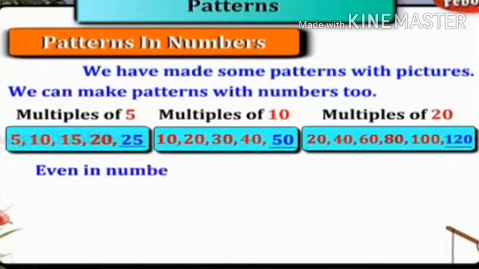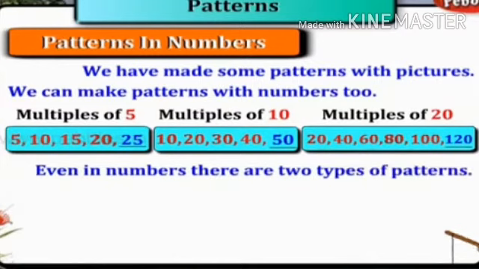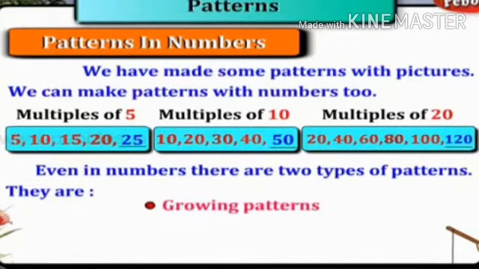Even in numbers, there are two types of patterns. They are growing patterns and repeated patterns. Now, growing patterns in numbers. If some number patterns grow with odd and even numbers, they are called growing patterns.